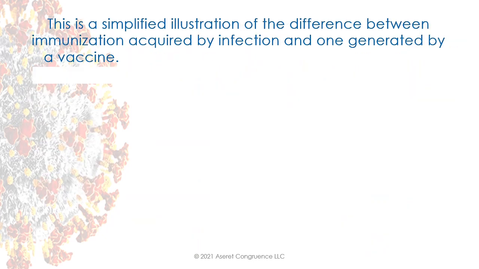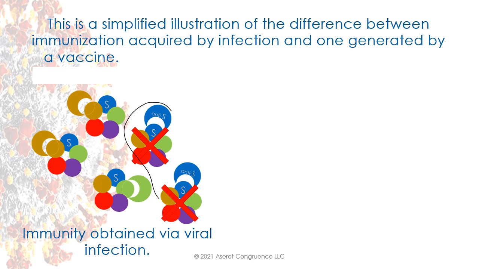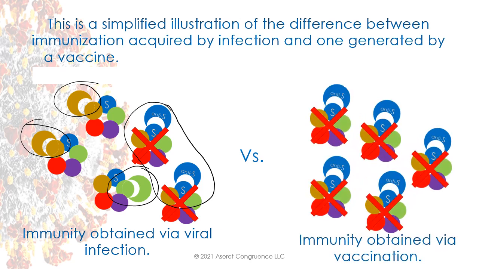So once again, this is highly simplified. Just want to illustrate a difference between getting COVID-19, so we get immunity from it, right? We do get anti-S antibodies, but we also get other antibodies that are not effective to protect us, to neutralize the virus. The difference with vaccination is this.